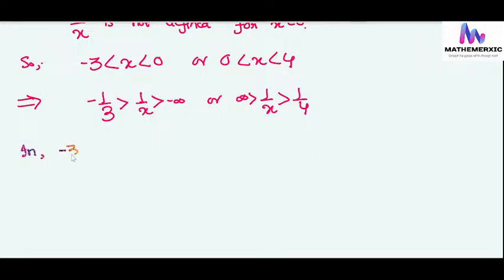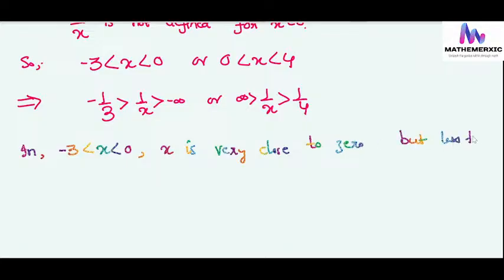In minus 3 less than x less than 0, x is very close to 0 but less than 0. That is 0 minus.